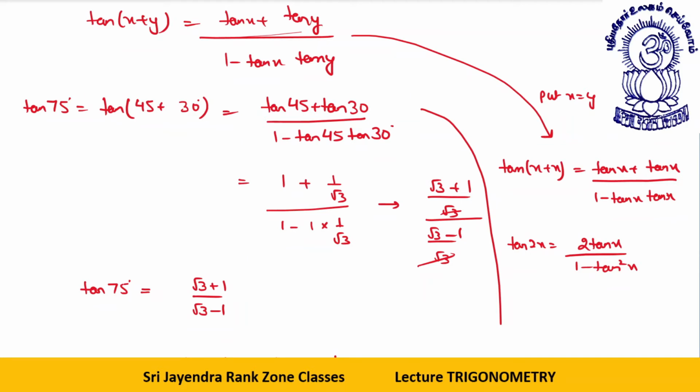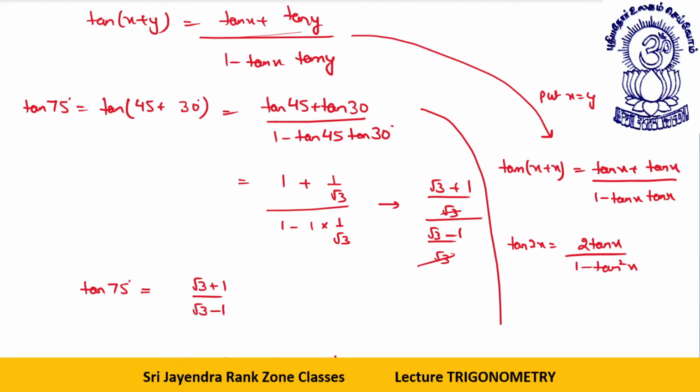Divide numerator and denominator by cos x cos y. What do I get? I get sin x cos y by cos x cos y plus cos x sin y divided by cos x cos y.